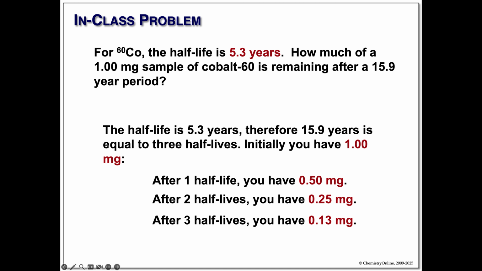Okay? I came here 12, 13 years ago, and I was looking for a sample of something radioactive to use my little Geiger counter with. I was digging in the stock room in the lab, and I came up with a little sample of cobalt-60.